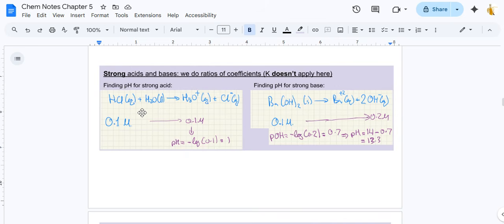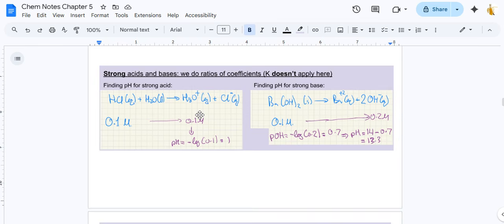And so we also know that the ratio of molarity is 1 to 1, since it's all 1 to 1. So if the question says that we have 0.1 molarity of HCl, then that means we'll make 0.1 molarity of H3O plus.